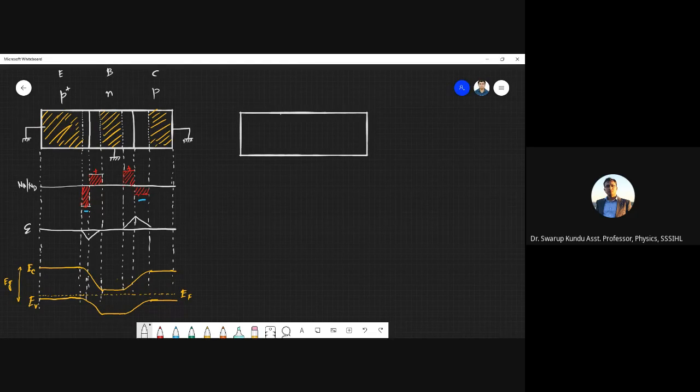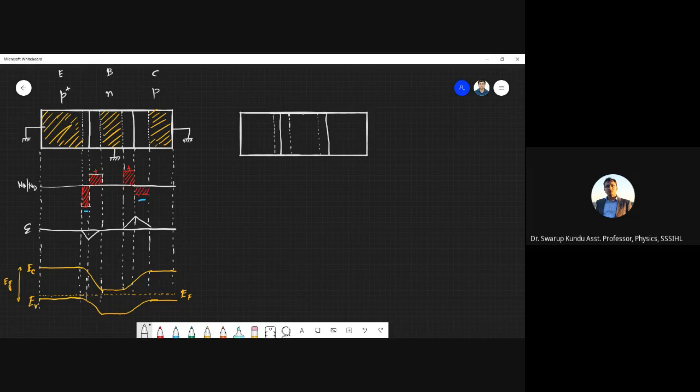Okay, so we have again these two metallurgical junctions, right? Now this junction, the emitter base, is forward biased. So we'll draw this depletion width a little bit thinner. In practice, it should be even much thinner than this, but for drawing purposes it's not to scale.